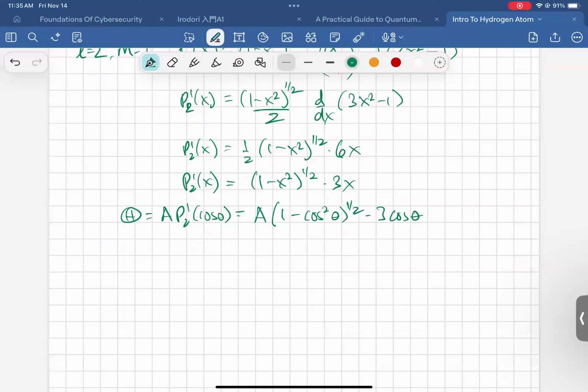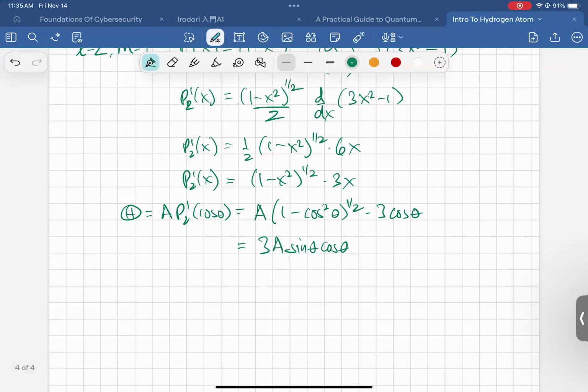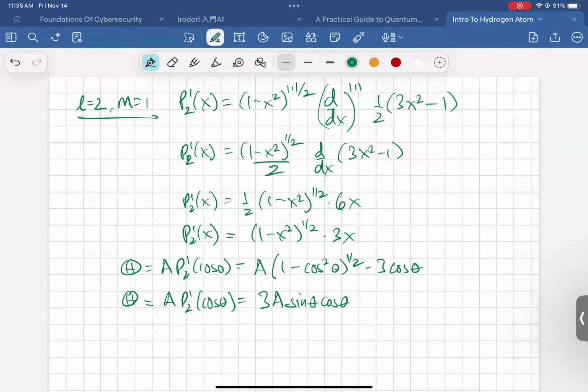So that's sine squared theta, and then kunin mo yung square root and then sine theta. So this will be 3A sine theta cosine theta. So this is the solution for the case where L equals 2, M equals 1.